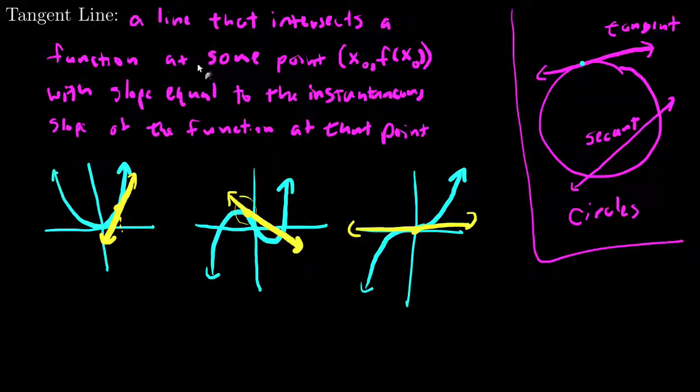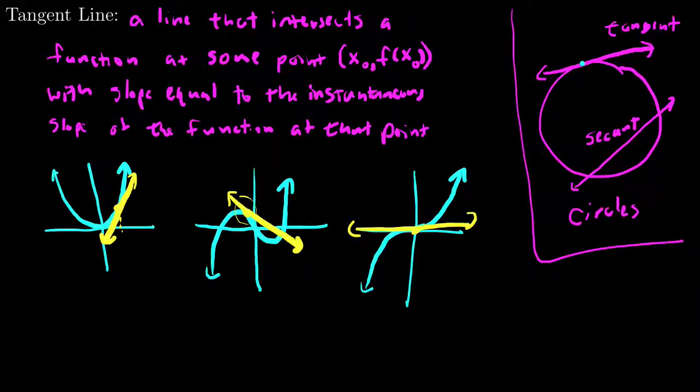So this is much more general. Now you can see this definition here still works for our definition of tangent line in a circle, but in general, I can't just say it hits the curve only once, brushes up against the curve, doesn't pass through the curve, but all those things don't quite work.